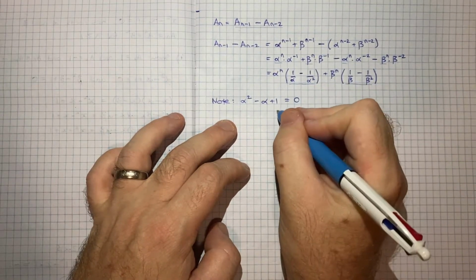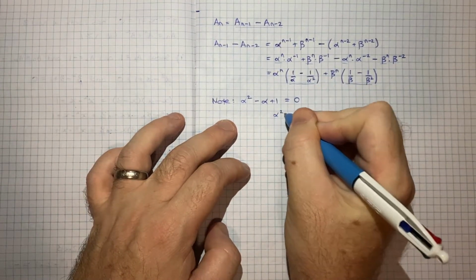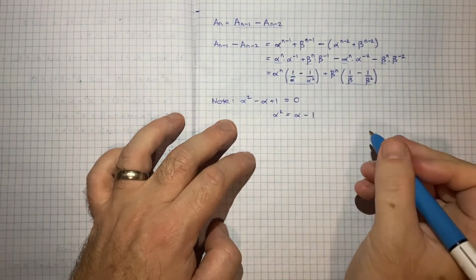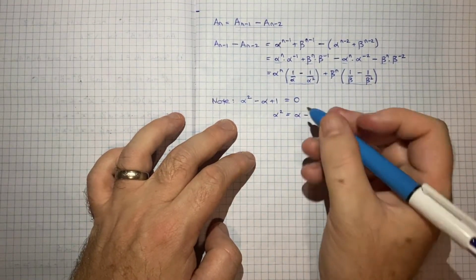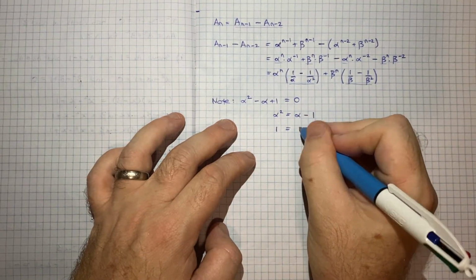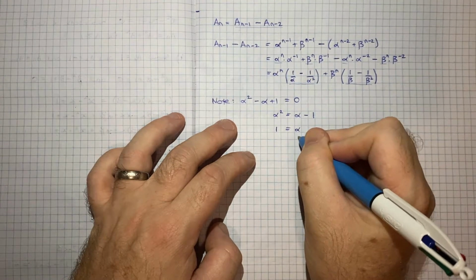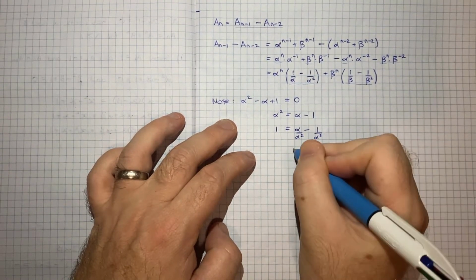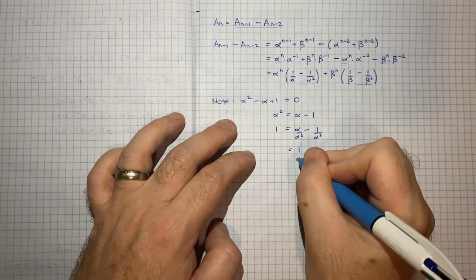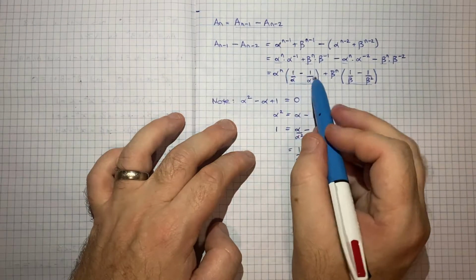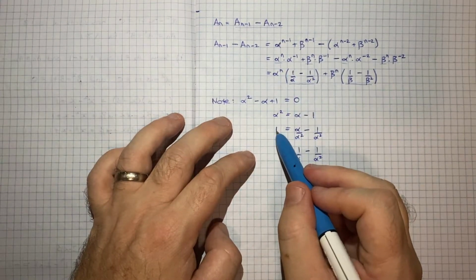We can then say alpha squared is equal to, and I'll move this over, alpha minus 1. Let's divide both sides by alpha squared, so we'll get 1 equals alpha on alpha squared minus 1 on alpha squared, which equals 1 on alpha minus 1 on alpha squared. Very good, so this part does in fact equal 1.